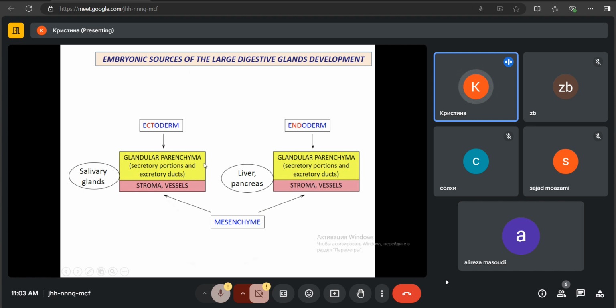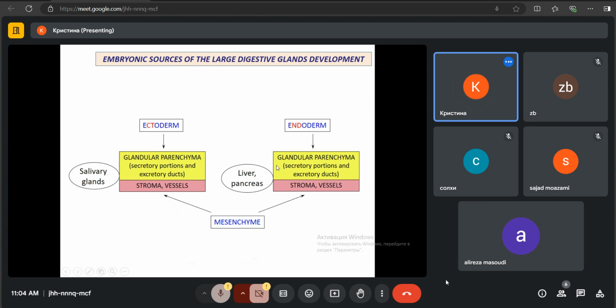The embryonic source of development of the parenchyma of salivary glands is ectoderm. The embryonic source of development of the parenchyma of liver and pancreas is endoderm. So, in the glands which develop from ectoderm, in secretory portions we will have the myoepithelial cells.